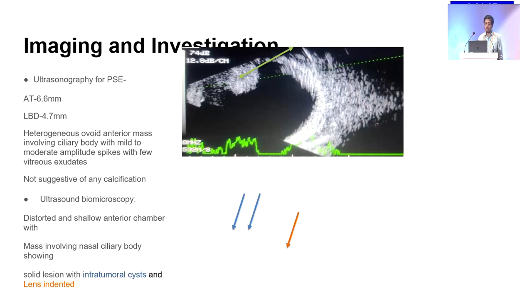On ultrasonography, there was a 6.6 by 4.7 mass, with no high amplitude spike suggestive of calcification. In anterior RB there are also very few chances of calcification. A heterogeneous ovoid anterior mass was there near the ciliary body.